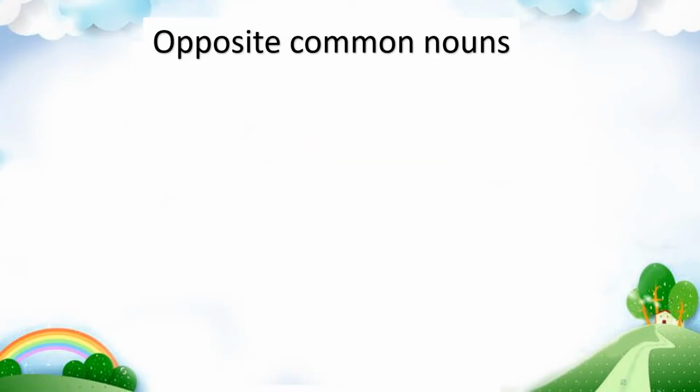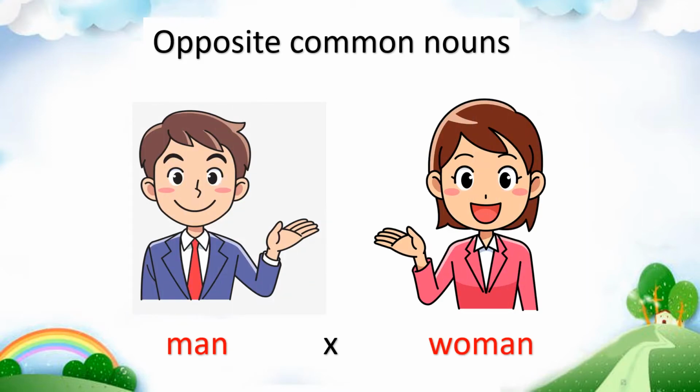Here we'll see what are opposite common nouns. Can you see the picture? Which picture can you see here? A picture of a man and a picture of a woman. Man opposite woman, woman opposite man.